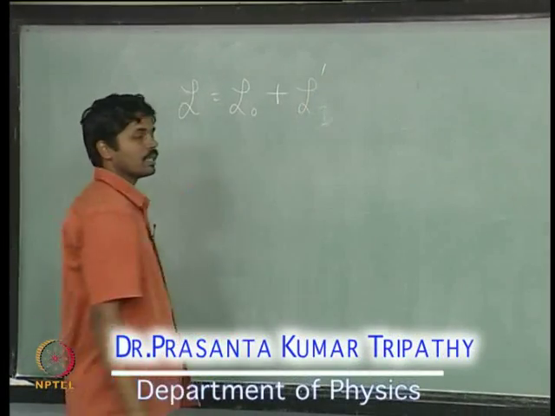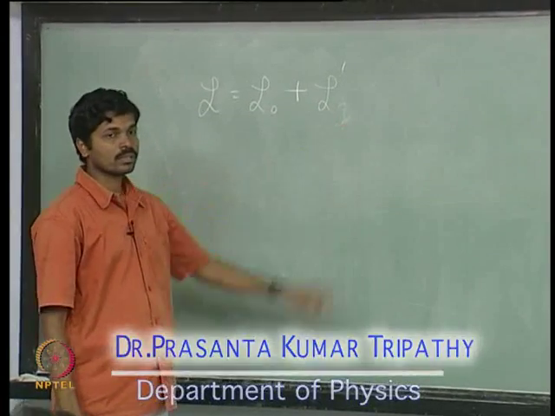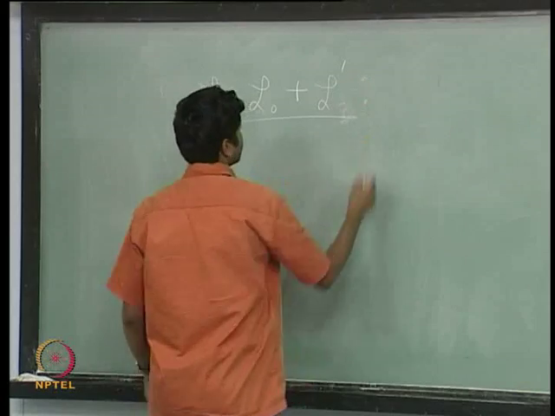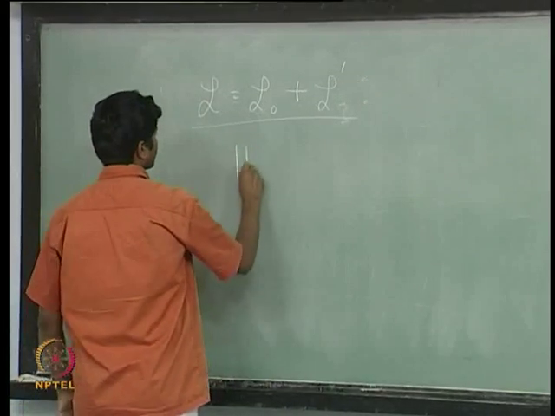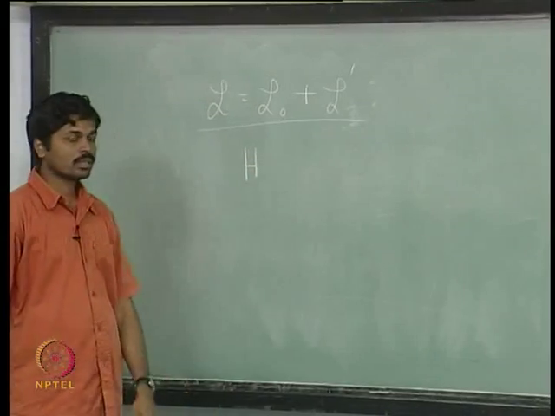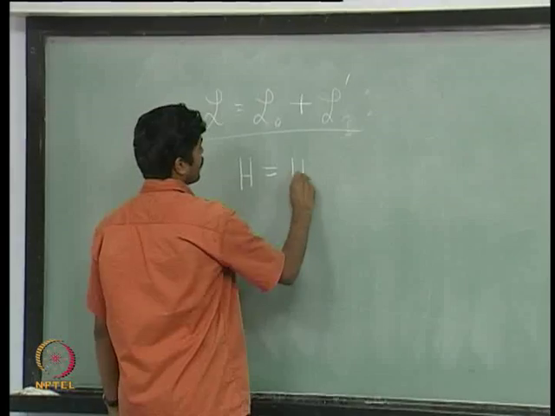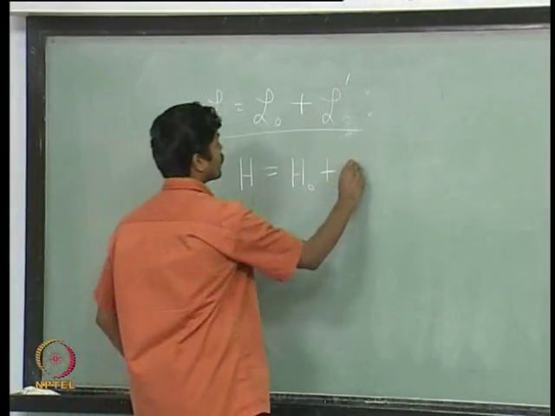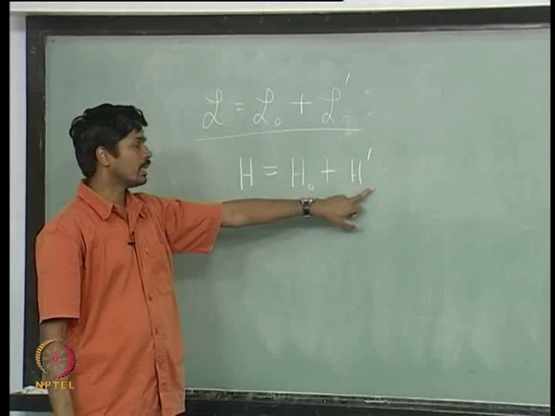The question is how to quantize such a theory. Correspondingly, if you consider the total Hamiltonian, then you will have a free part of the Hamiltonian, and then you will have an interacting part of the Hamiltonian, which I will call H prime.